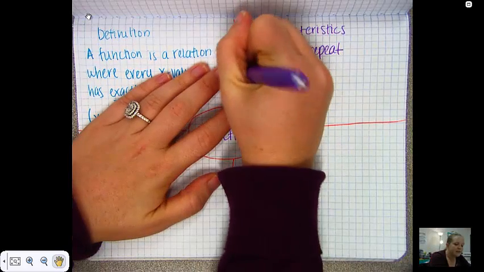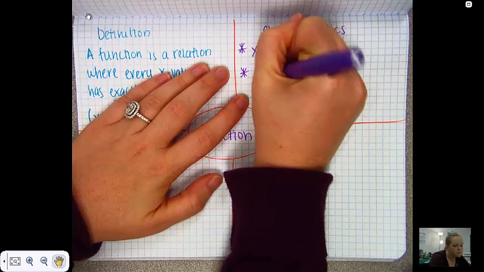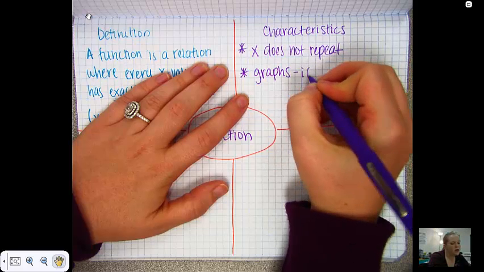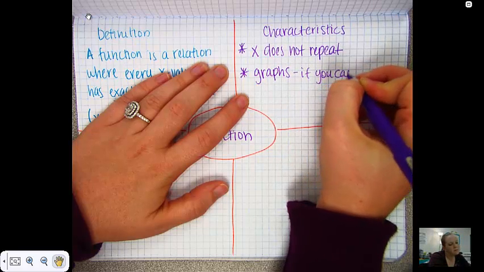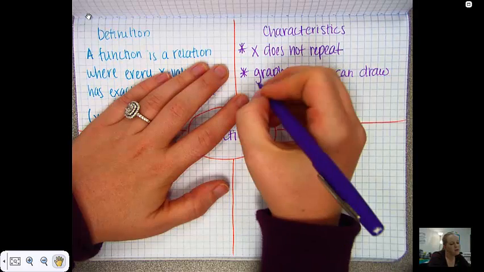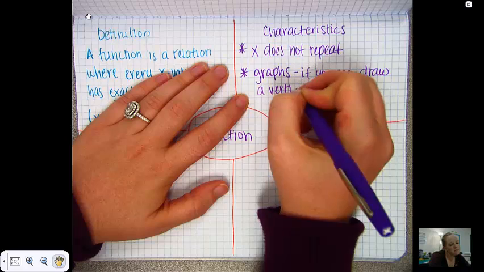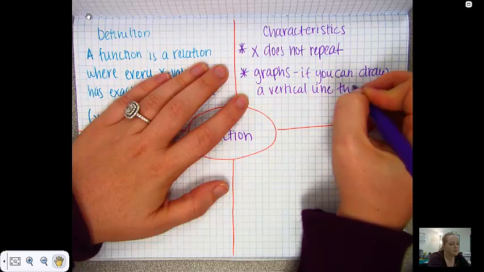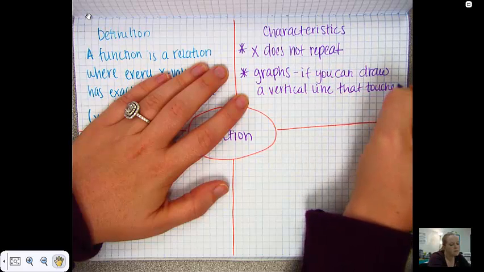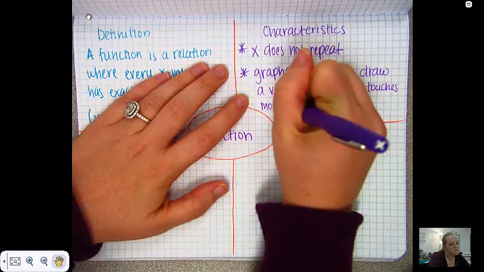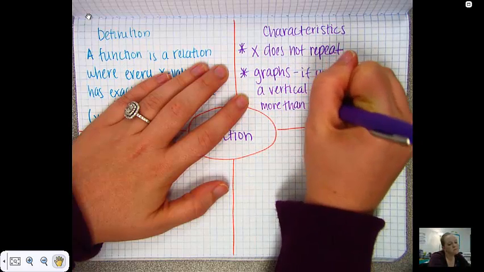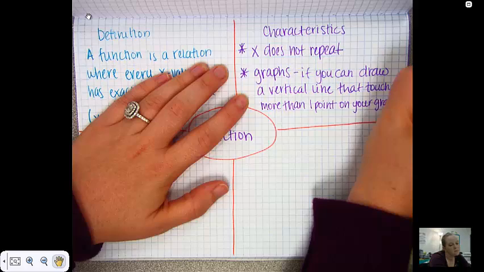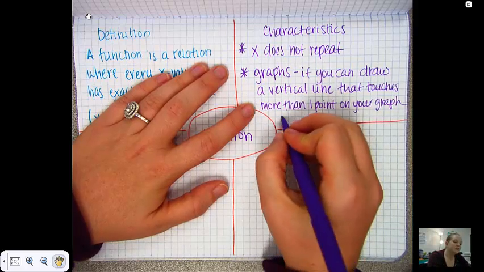When we look at a graph, if you can draw a vertical line that touches more than one point on your graph, it's not a function.